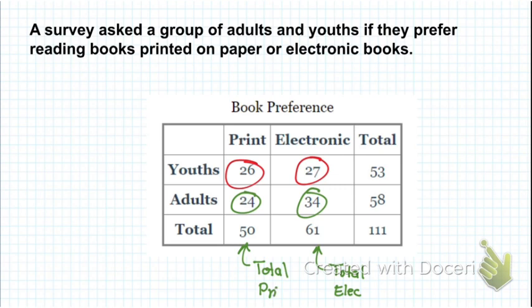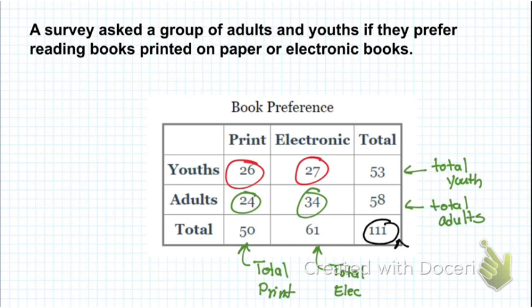Let me go back and put print here. Now, if we go off to the side, this 53 is the total youth that were surveyed. And here we have the 58. This is the total adults. Now, we've got one more total that's left. This is that 111. That 111 is the total amount surveyed.